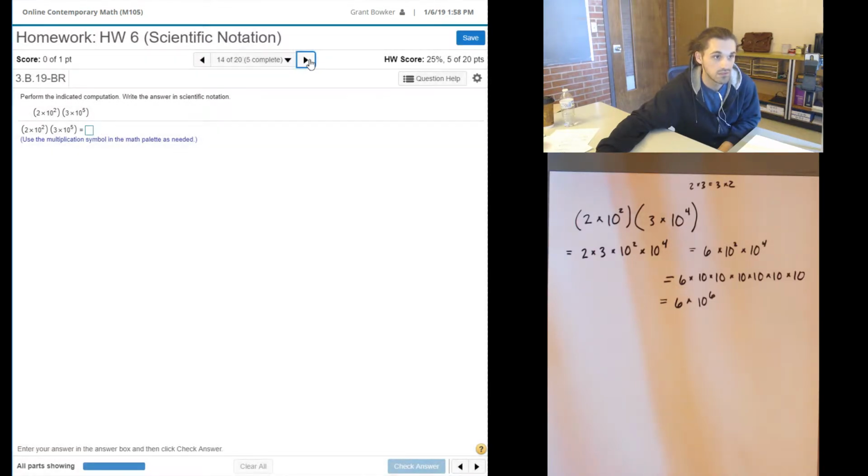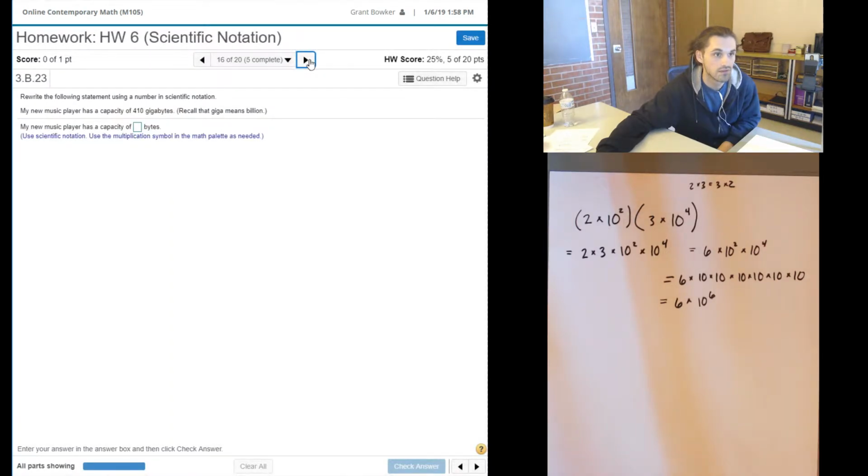More of the same. Rewrite the following statement using a number in scientific notation. My new music player has a capacity of 410 gigabytes. Recall that giga means billion.